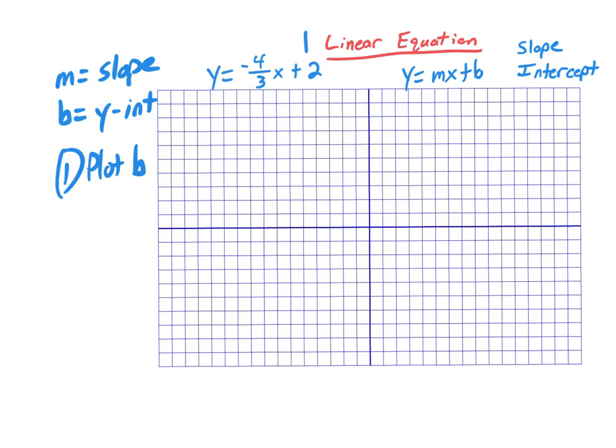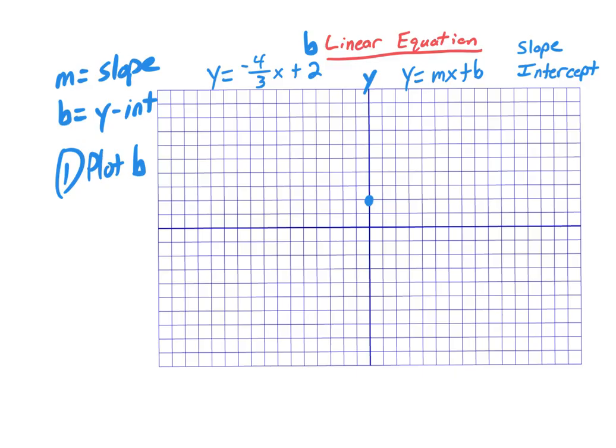My y-intercept is a positive 2. Really watch that sign in front. If this was a minus 2, then that would be a negative 2. But because it's positive, we know it's a positive 2. And so we're going to go up 2. Remember, the y-axis is your vertical axis, up and down. So we're going to go up 2 on the y-axis, and we're going to make a point. Okay, so that's our starting point.